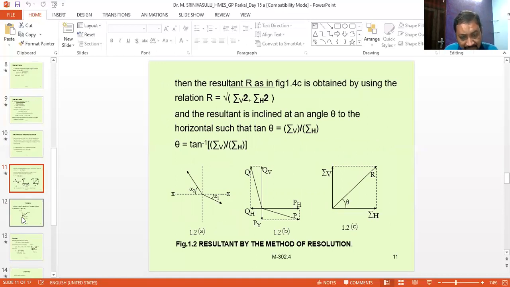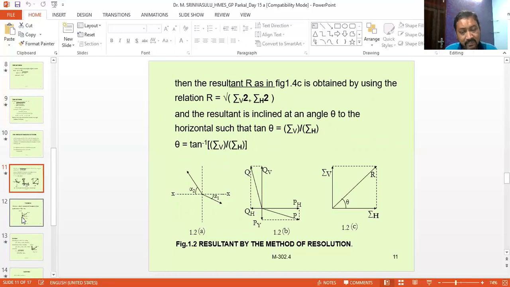The P force makes an angle of alpha 1, and the Q force acts at an angle of alpha 2 with the horizontal. Here it is very important that the angle must be taken only from the x-axis. So we should consider the angle made by the force only with the x-axis.